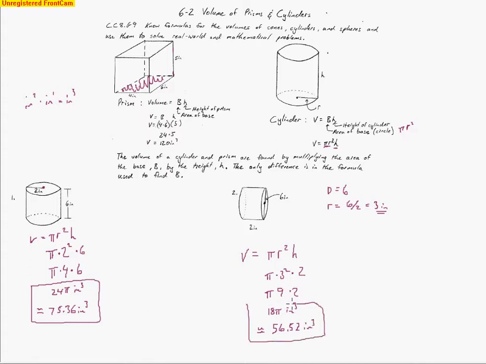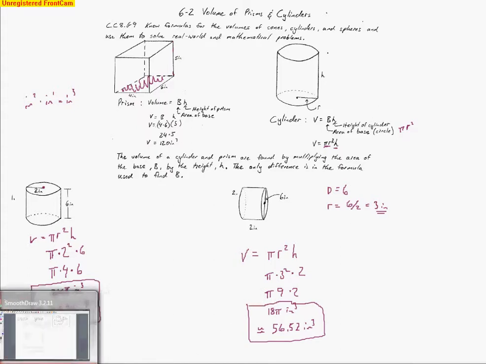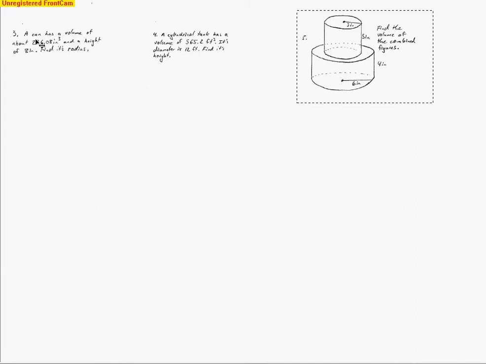So let's take a look at the next one, and we'll go to the next screen. It says a can has a volume of about 226.800 inches cubed, and the height is 8 inches. They give us a volume, they give us the height, they want to find the radius. So let's go ahead and write our volume formula, pi r squared times the height, and substitute the numbers that we have.